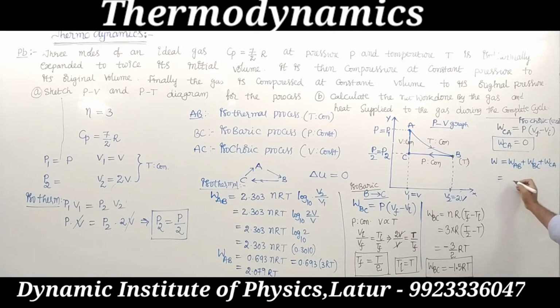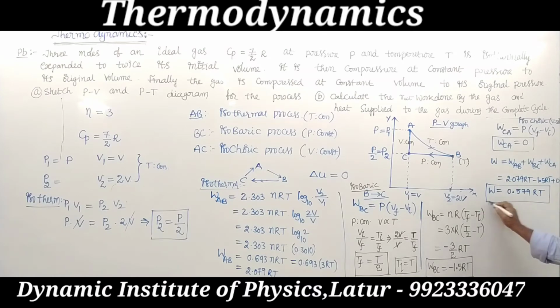Its value becomes 2.079 RT minus 1.5 RT plus 0. So the work done equals 2.079 minus 1.5, which is 0.579 RT. This is positive work.